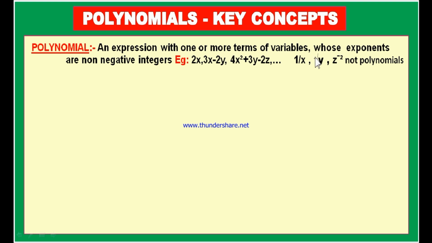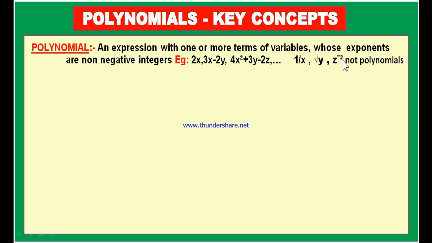Therefore, here also, this expression root y doesn't satisfy the condition, as the exponent of the variable is not an integer. Therefore, it is also not a polynomial. It is just an expression only.